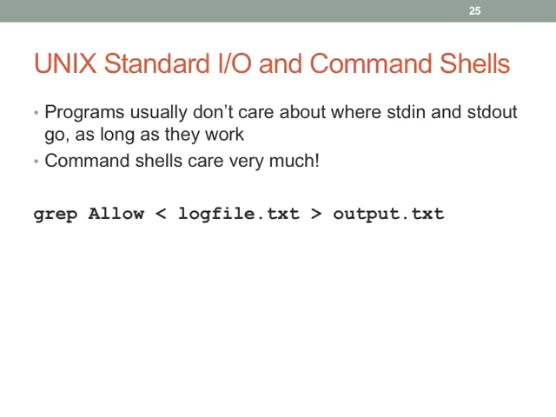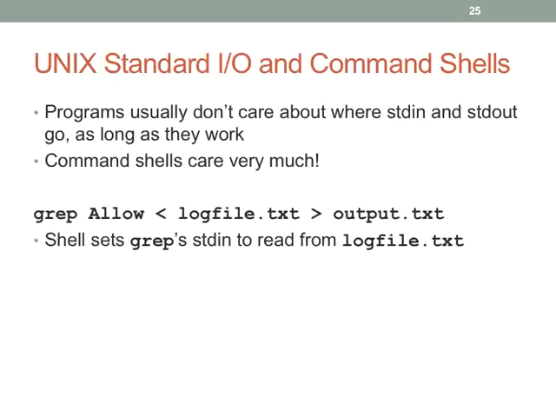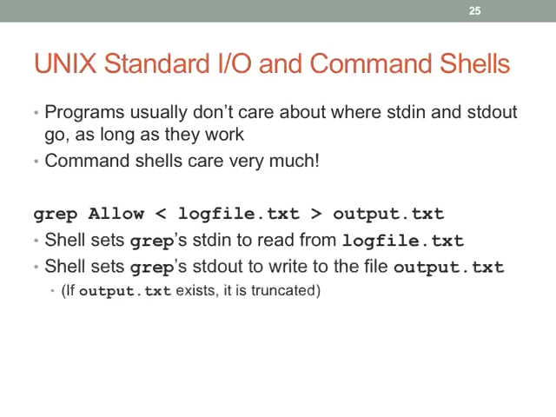Logfile.txt would show up on grep's standard input, and the results would go into output.txt. So the shell, when it's setting this command up, has to say, okay, grep needs standard in to actually be this file. So it goes in and sets the file descriptor for standard input to be this file, not the console. Okay? And same thing for output.txt.